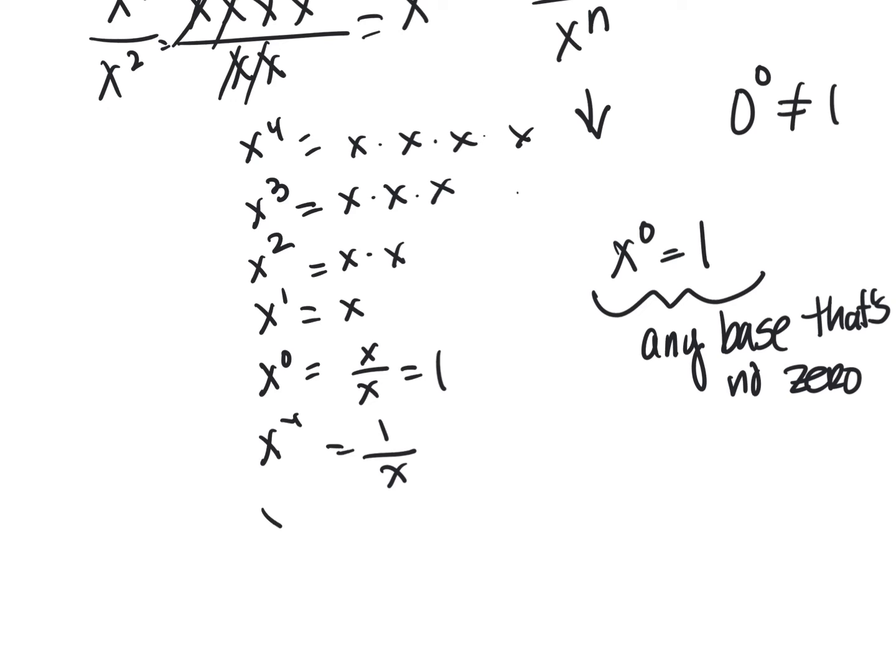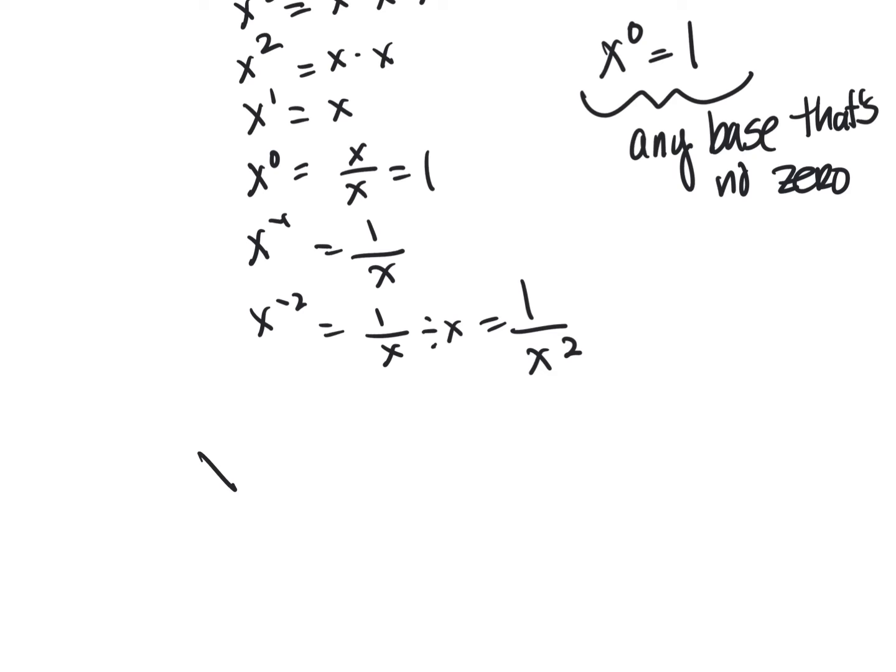You get that. If I go down 2, we're dividing this by x. So you get this pattern, which basically says, voila. So if you want to write things without negative exponents, they move downstairs.